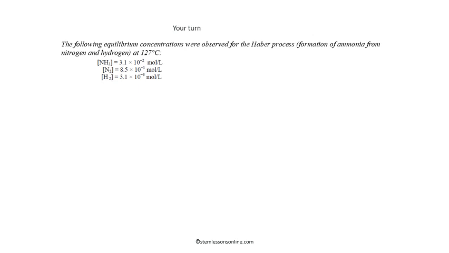So for the balanced equation, it is forming from nitrogen and hydrogen, and we are getting ammonia. So when you balance, you can see that you can put 3 coefficient in front of hydrogen and 2 as the coefficient in front of ammonia, and we have the concentrations given.